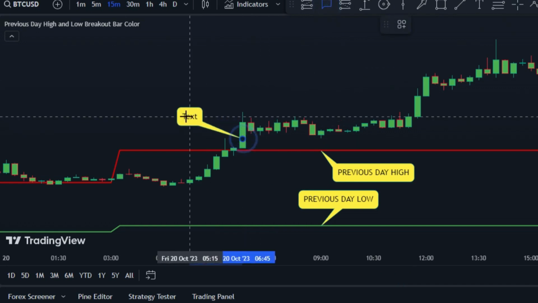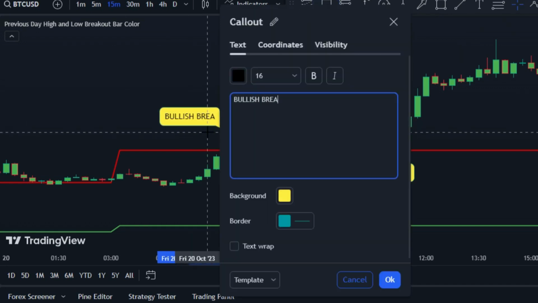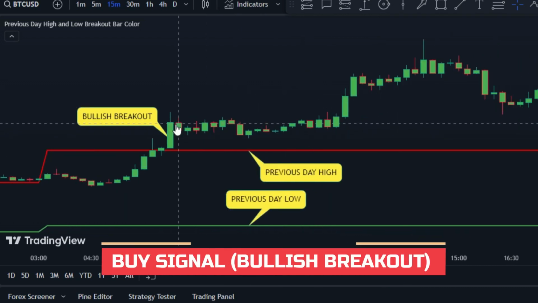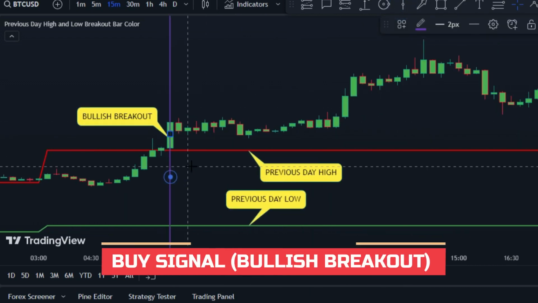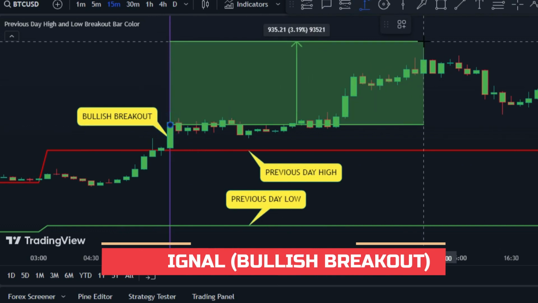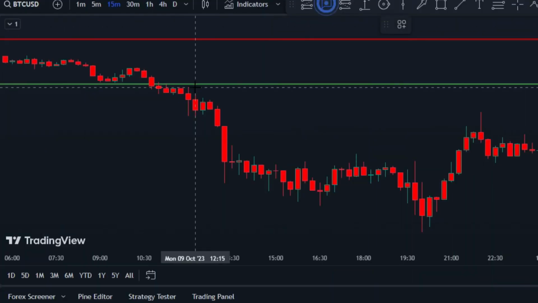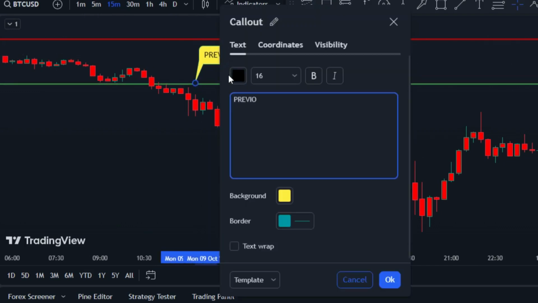So if the price goes above the red line, it means we have a buy signal in this strategy. But if the price goes below the green line, it means we have a sell signal.